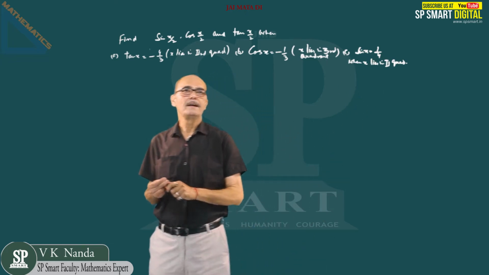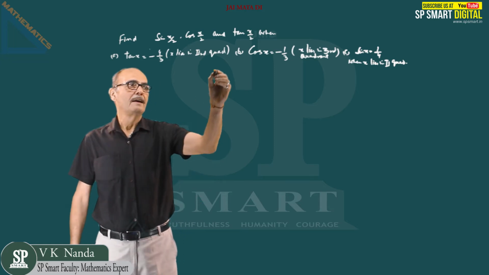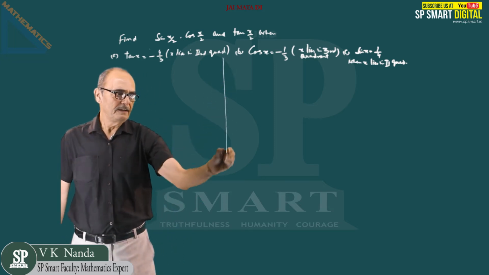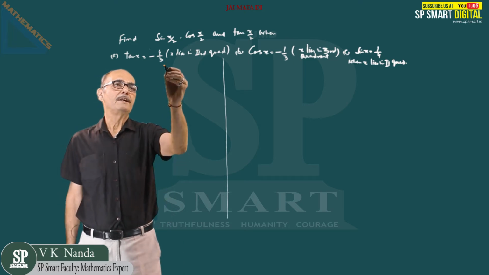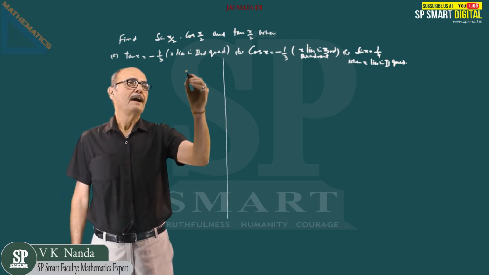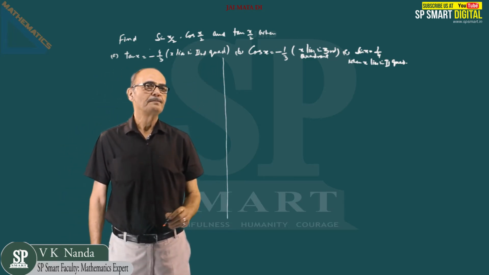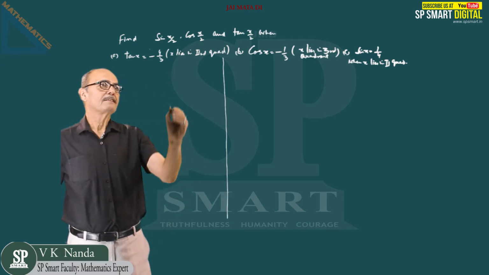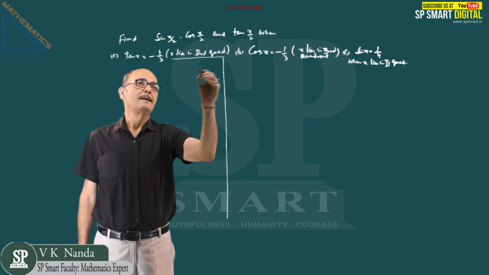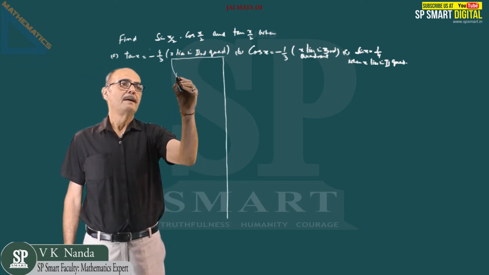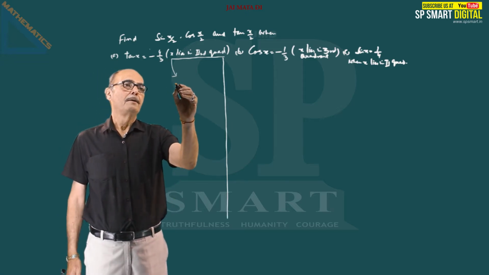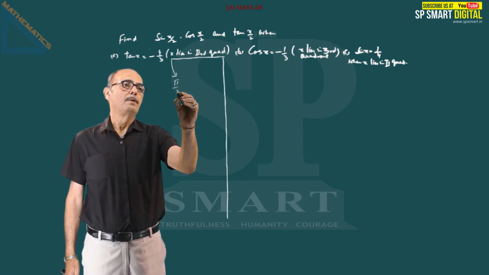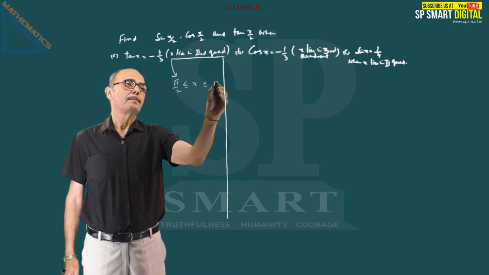Well, in the first part here we have tan x equal to minus 4 by 3 and x lies in the second quadrant. When we say that x lies in the second quadrant, this means the value of x lies between pi by 2 less than or equal to x less than or equal to pi.